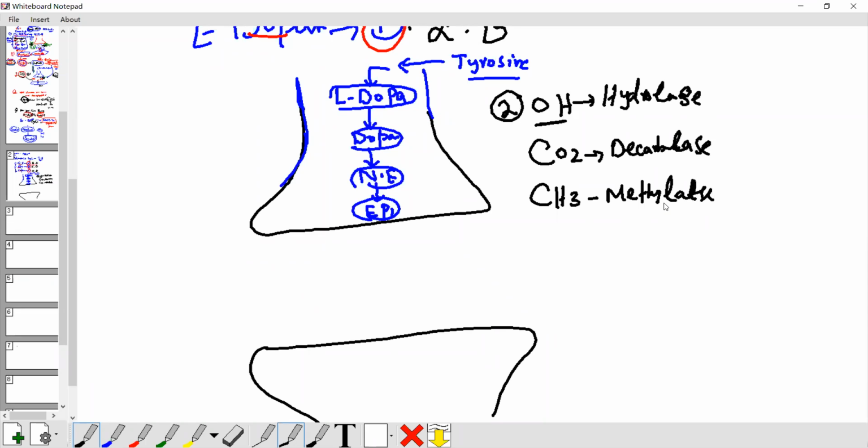Understand? 4 steps: this is how tyrosine changes to epinephrine.